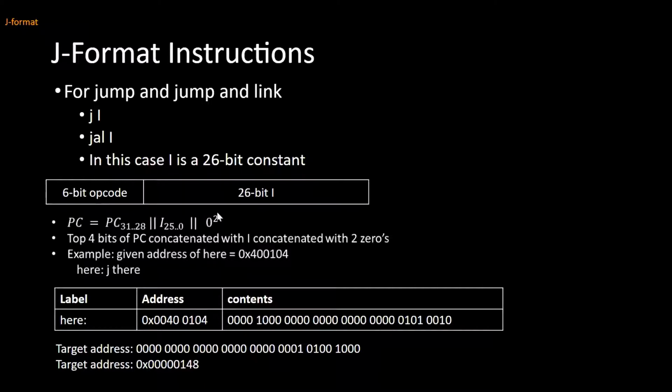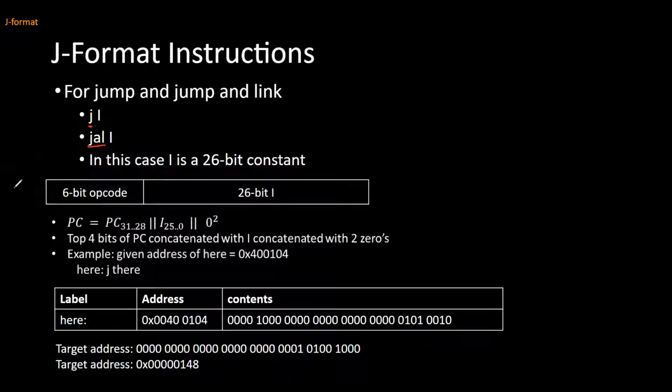So this is the pattern. We have a total of 32 bits, and out of that, 6 bits represent the instruction itself. You can think of it as an ID or identifier for this instruction. So this is going to get a number, and that's going to be represented in these 6 bits.